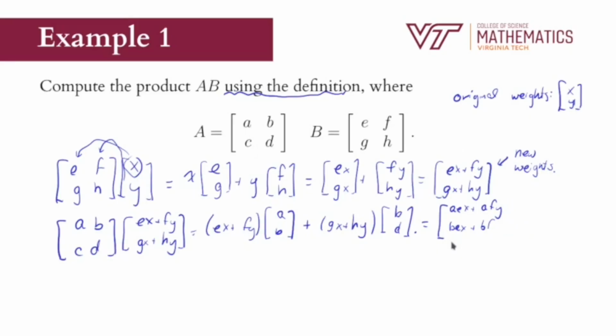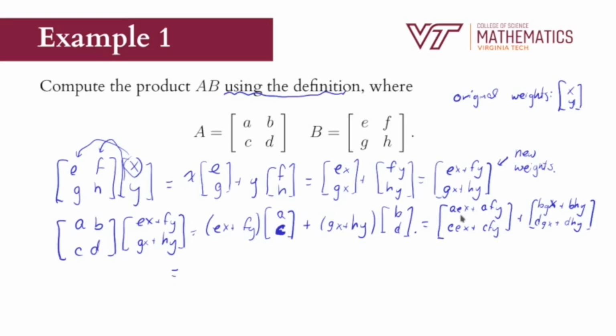Maybe I shouldn't have disappeared. Then you couldn't have seen me mess up. CEX plus CFY. There you go. That's a C. Plus BGX plus BHY and DGX plus DHY. There we go. I think that's right now.